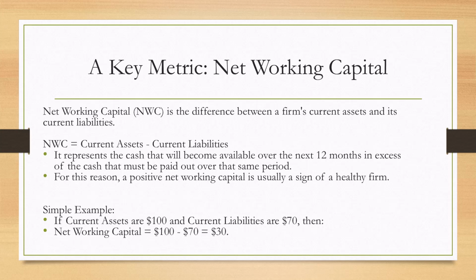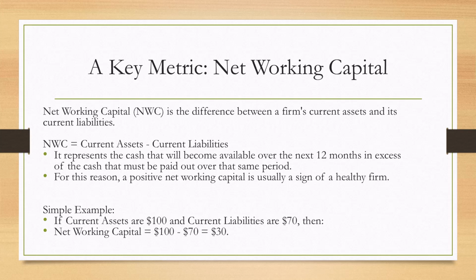From the balance sheet, we can derive a key metric for analyzing a company's short-term financial health, net working capital. Net working capital is simply the difference between a firm's current assets and its current liabilities. It represents the cash that is expected to become available over the next 12 months in excess of the cash that must be paid out over that same period.